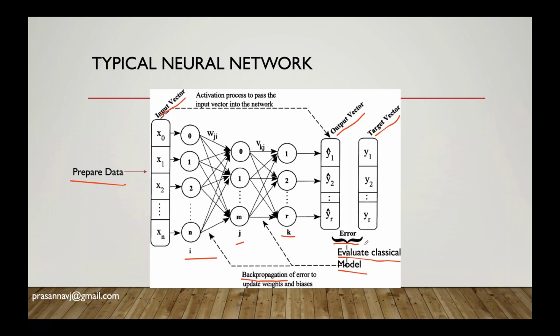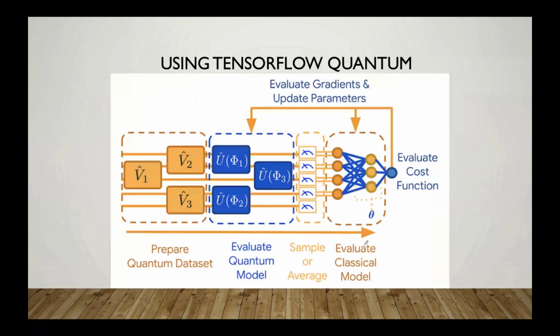So how we are doing it is, in the case of TensorFlow Quantum, the flow is modified this way: you first create a quantum data set. Once you complete your data set, you send it to the quantum computer, represented in blue, to evaluate your quantum model.